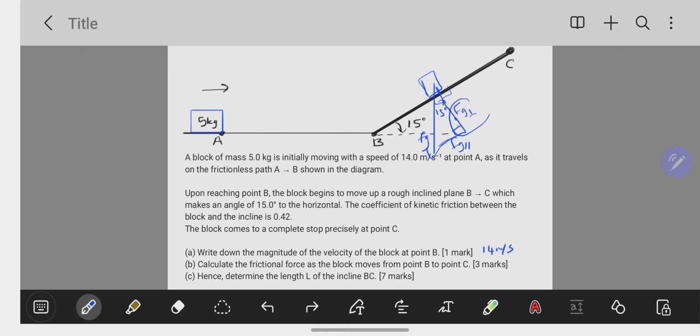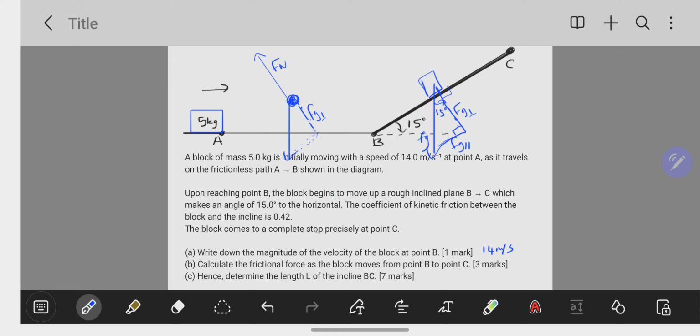Now this is the FG we're interested in, because if we draw our free body diagram, this is FG and that is Fn. Now, you see, when FG is broken up into its components like that, this component here is acting in the same axis as Fn.